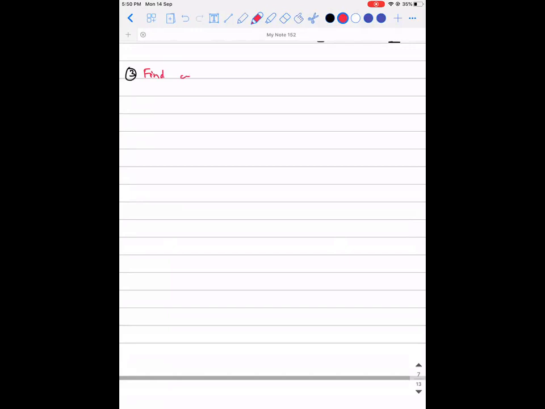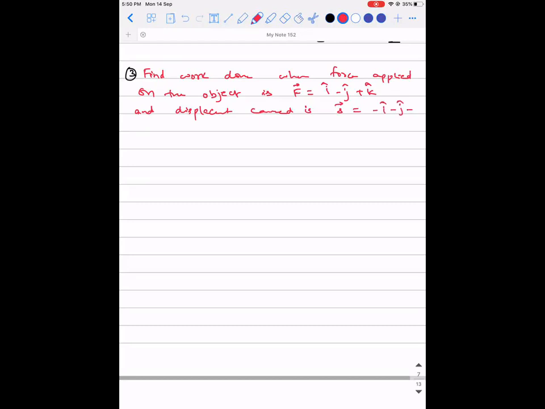Find work done when force applied on the object is F vector equal to I cap minus J cap plus K cap, and displacement is minus I cap minus J cap plus K cap. Write it down.